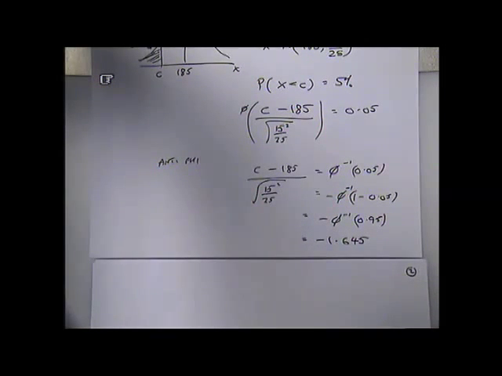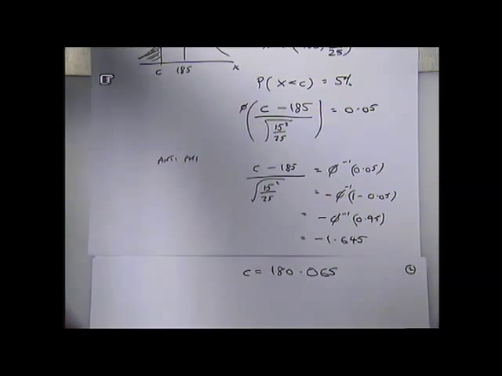Now I think Billy's already done this. Billy, what did you work out that C was when you rearranged that? C was 180.065. That's correct. So that is what our C value is. Our critical value comes out to be that.